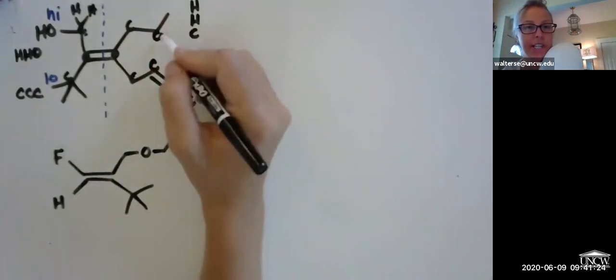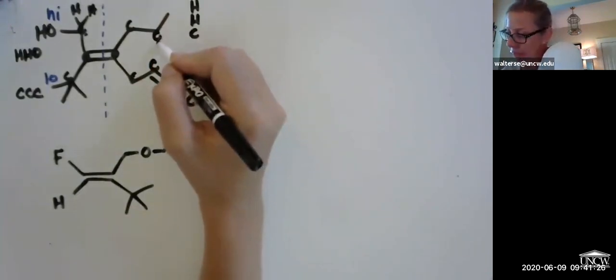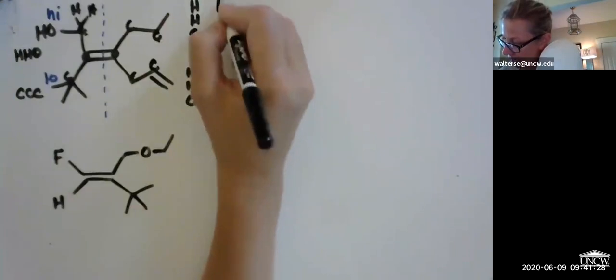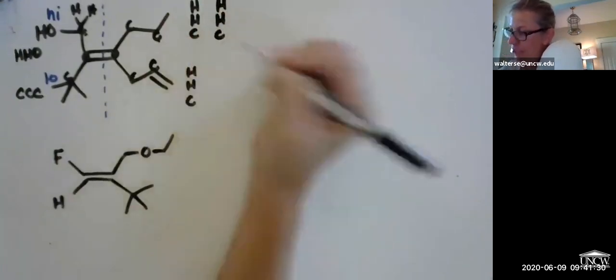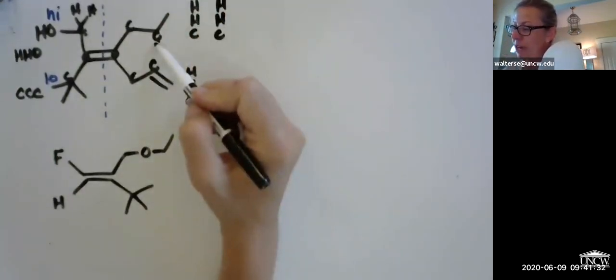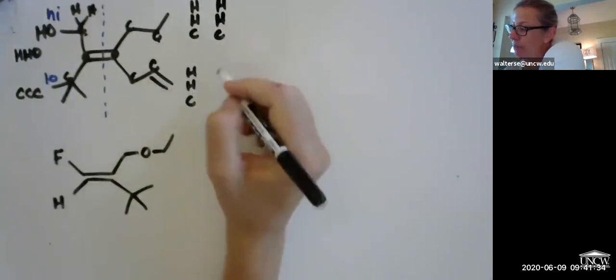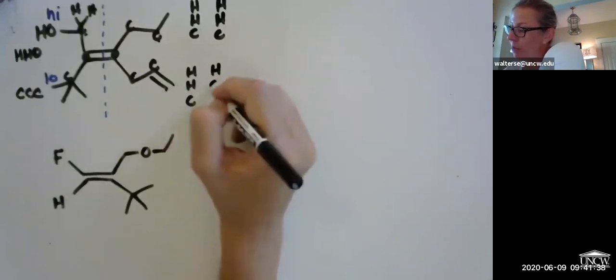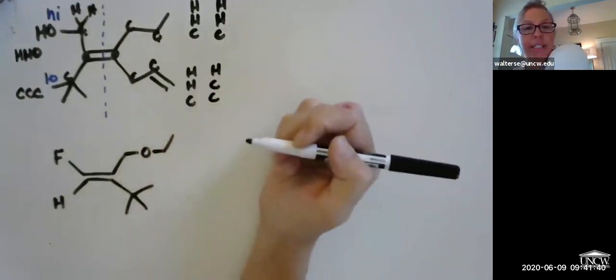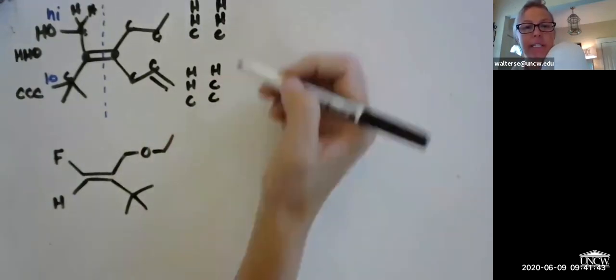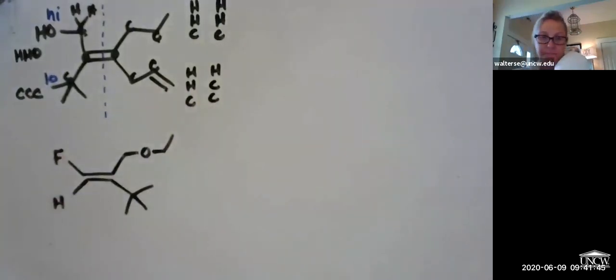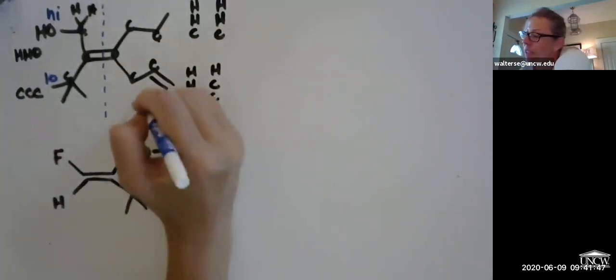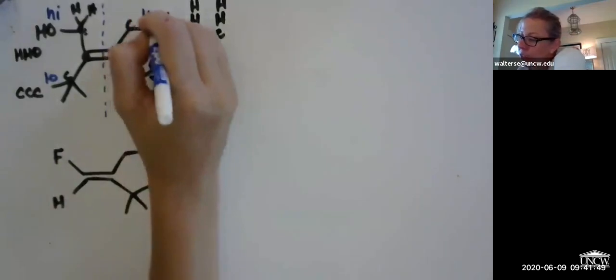So those are the same. The second carbon is bonded to hydrogen, hydrogen, carbon, because it's sp3. This carbon is bonded to a hydrogen and then double bonded to carbon, so those carbons count twice. Two carbons is better than just one. High, low.